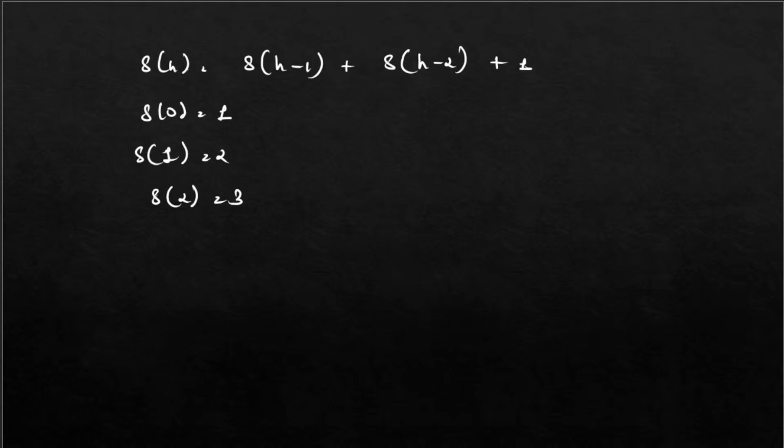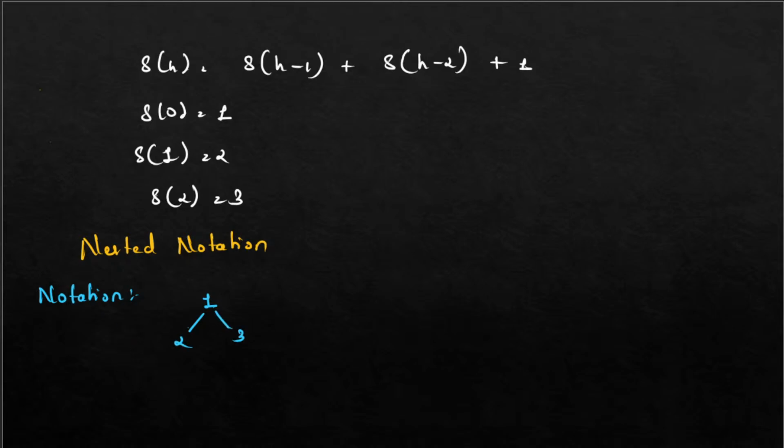Now let's see some nested notation. The concept is nested notation, and after that we will see stacks and queues. The notation is like this. 1, 2, 3. Okay, 1, 2.